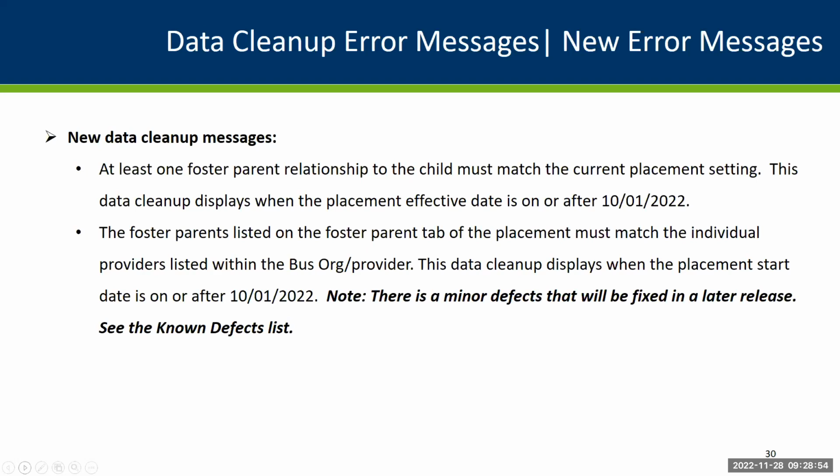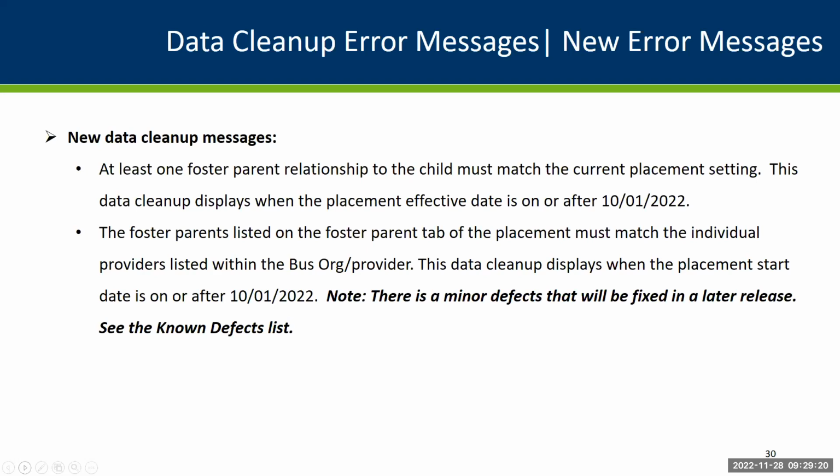So, and again, the date that we need to really keep in mind is October 1st, 2022. So any placements on or after that date. We know that there are minor defects that will be fixed in 23.1, and you can take a look at the known defects list to find the details.